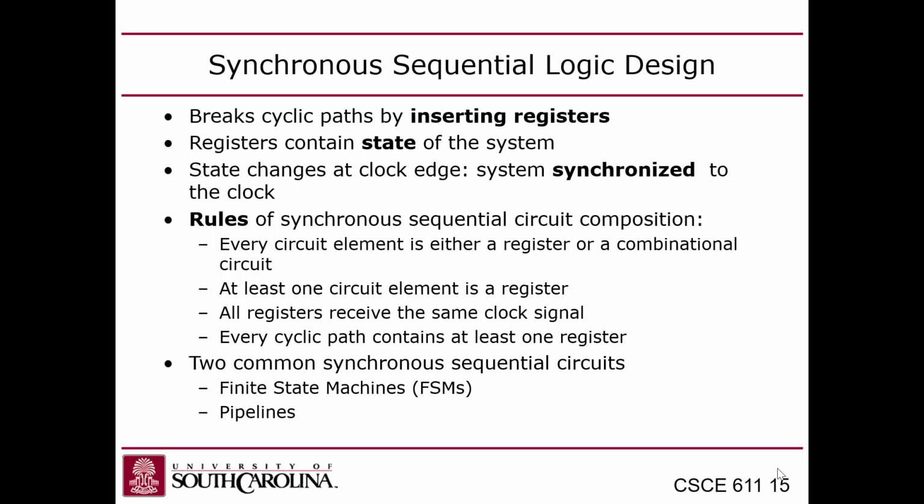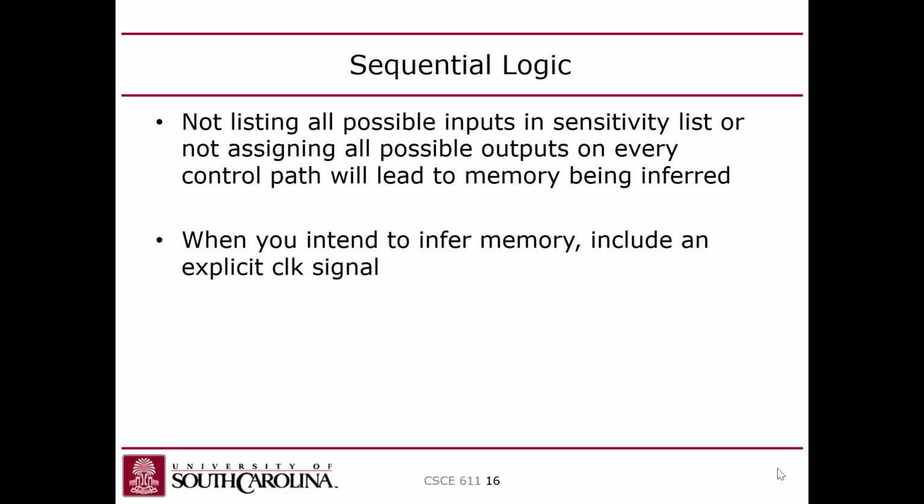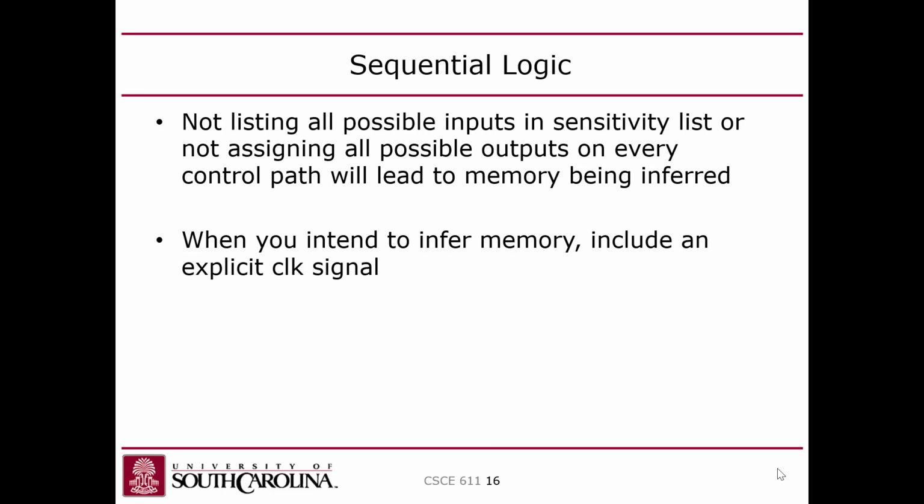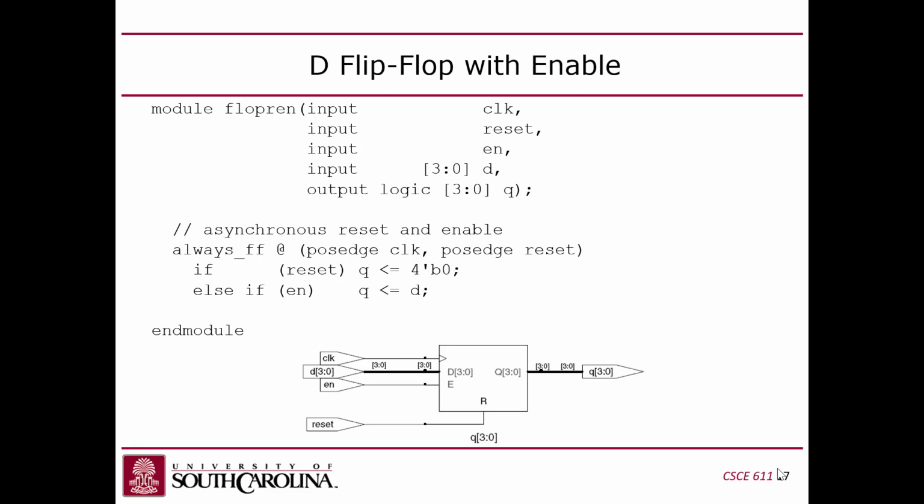Okay, and then two common types of circuits are finite state machines, as I mentioned, and pipelines. Okay, and I mentioned this latch. Let me revisit this latch issue again too. You have to be careful when you have an always block.